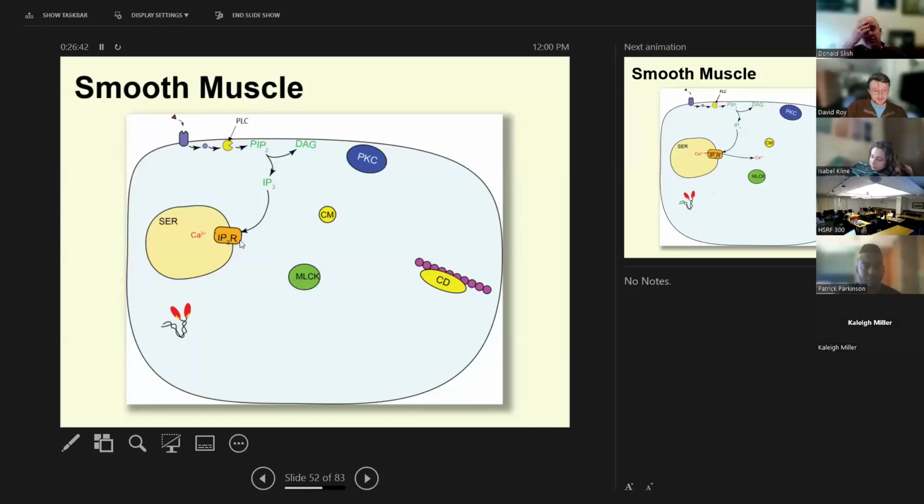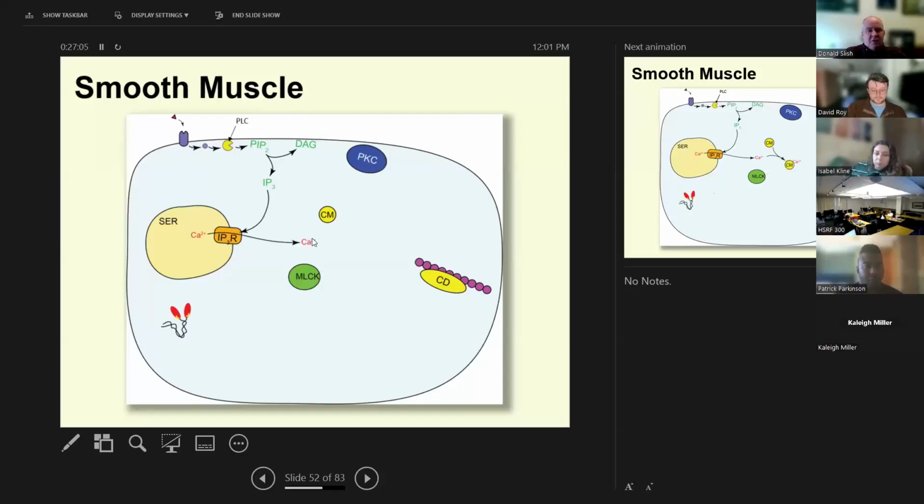And again, reviewing from chapter 2, we've got two calcium release channels on the SR. One is the ryanodine receptor, which is calcium activated, and the other is the IP3 receptor, which is activated by IP3. So IP3 gets released, binds to the IP3 receptor, which is a channel, and calcium comes out.